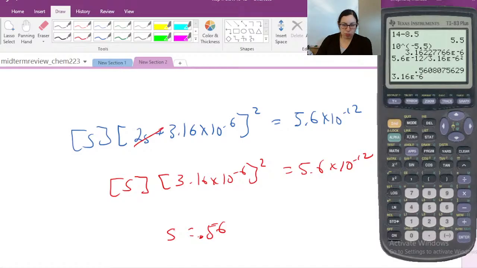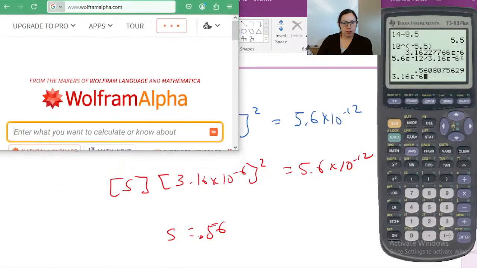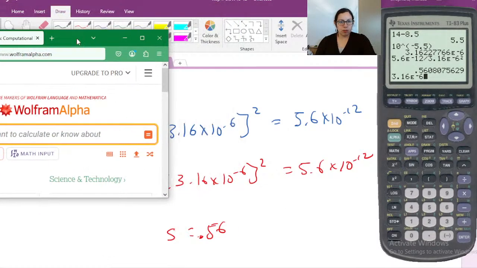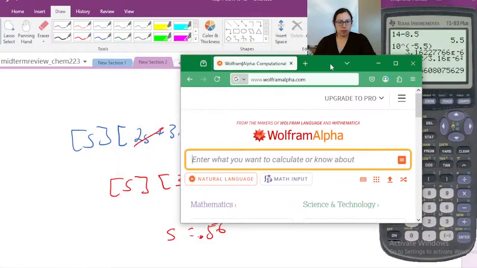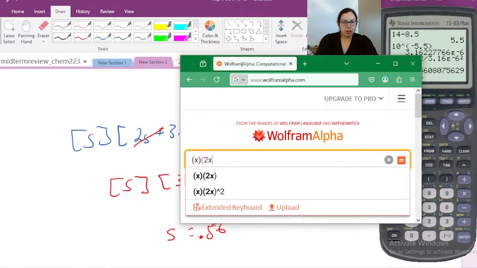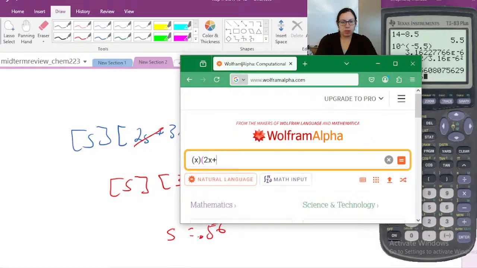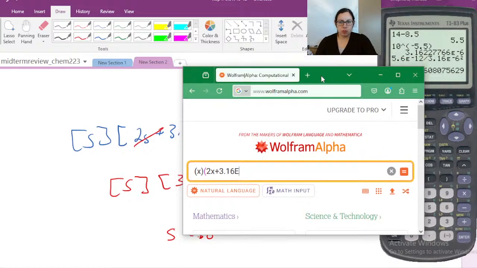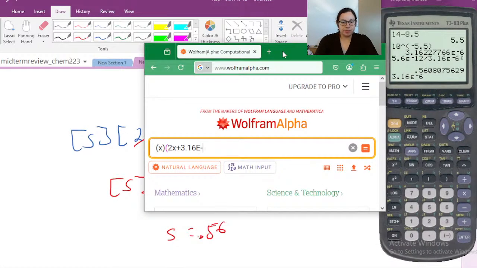I was just going to ask Wolfram Alpha. Come on. So let's see if this will solve it. If we do x, 2x plus 3.16. Please read this correctly.